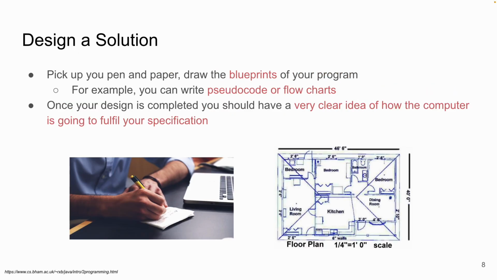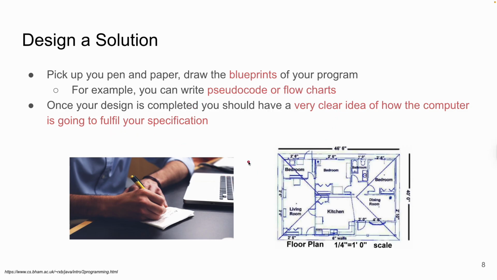So how do we design the solution after we have a clear understanding of our requirements and specifications? The thing we need to do is not writing your code. Actually, the first thing you need to do is pick up your pen and paper and draw the blueprint of your programs. Blueprint is the design sketch, in Chinese 蓝图.